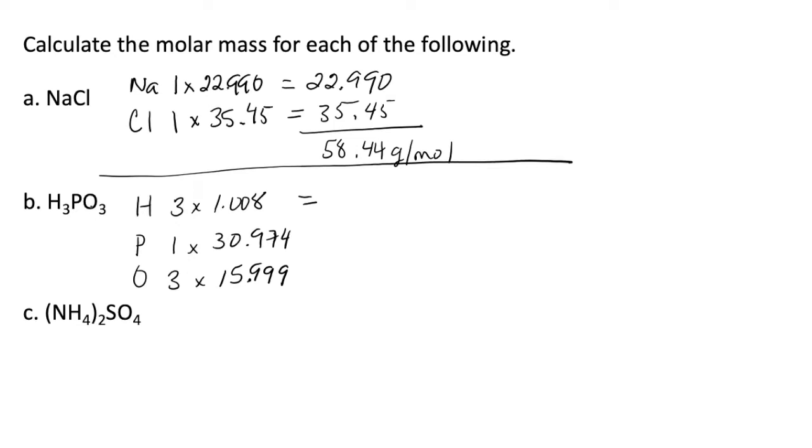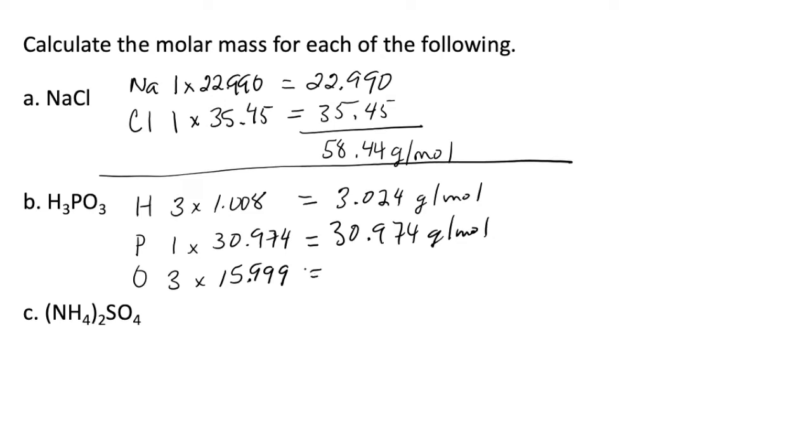Now I'm going to complete the calculations to determine the mass of hydrogen in this molecule. 3 times 1.008 gives me 3.024 grams per mole. 1 times 30.974 is 30.974 grams per mole.